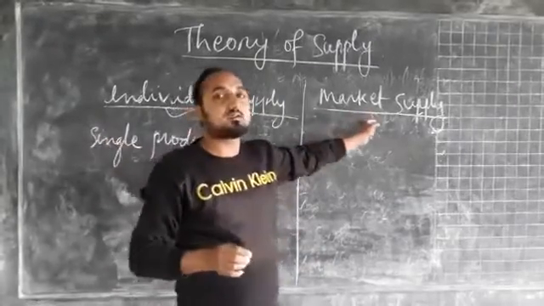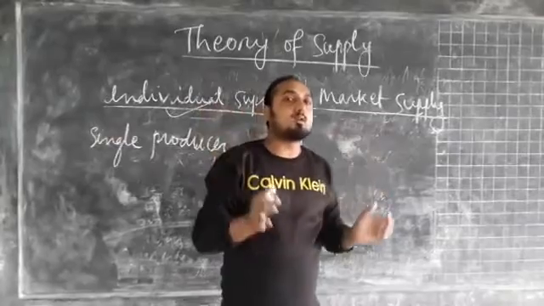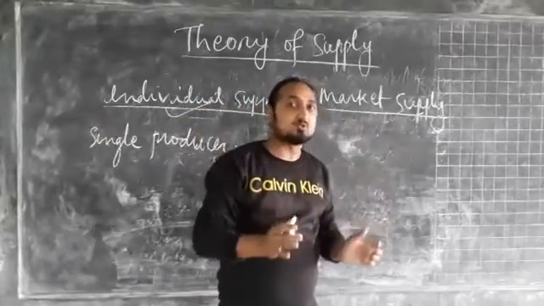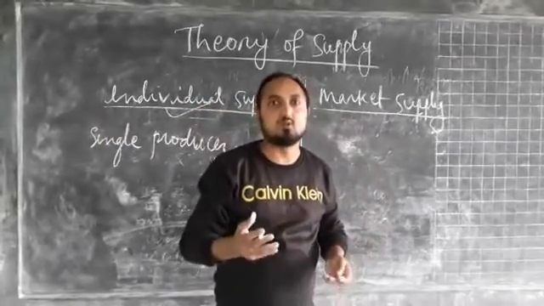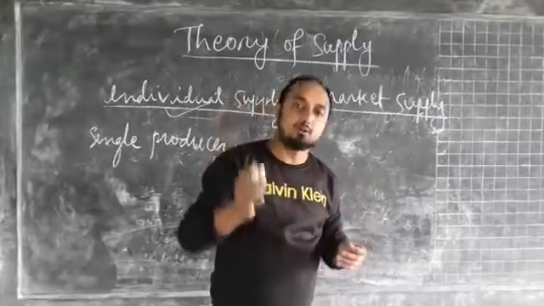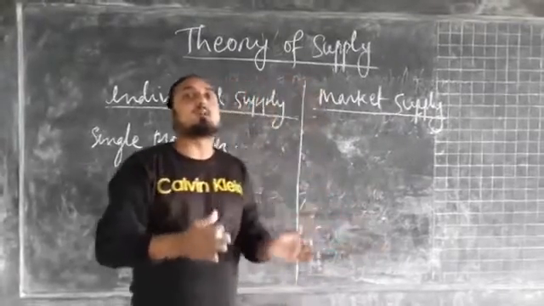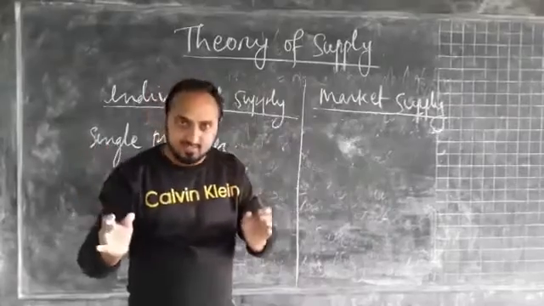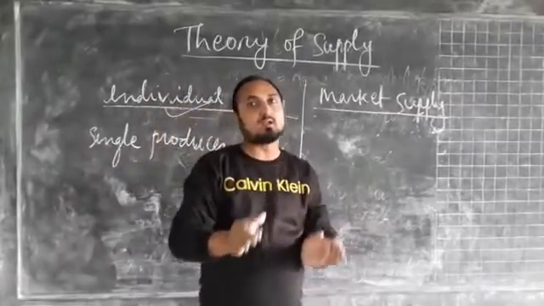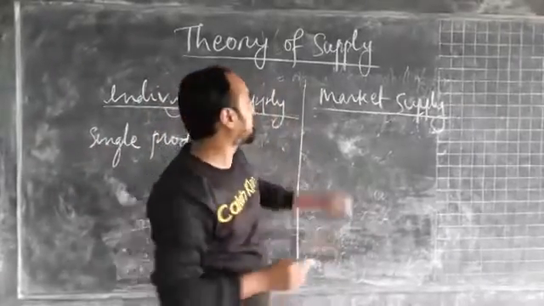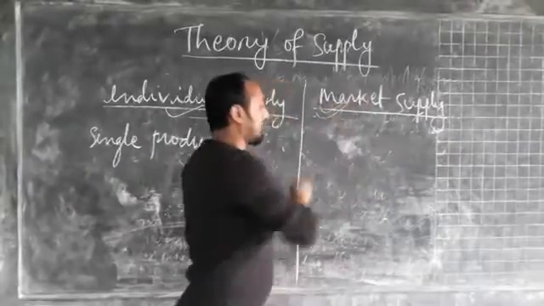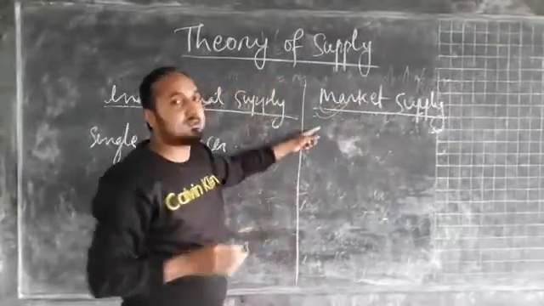Whereas in the case of market supply, it is the quantity of commodity that is produced by many firms or all the firms or all the producers, and they are bringing it to a market for sale at a particular price during a particular period of time. Then that concept is known as market supply. So here how many firms are there?